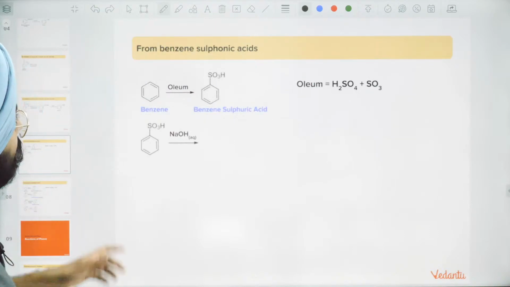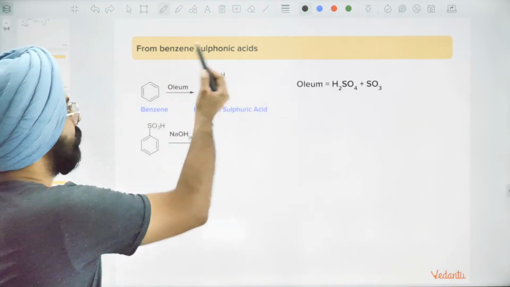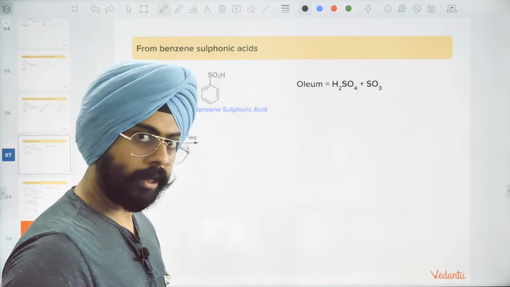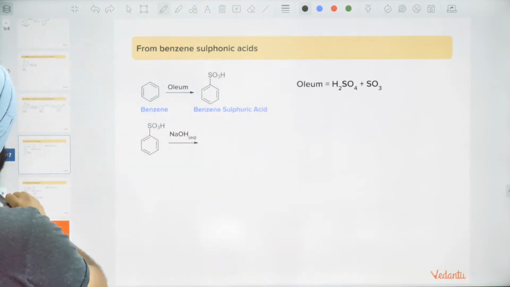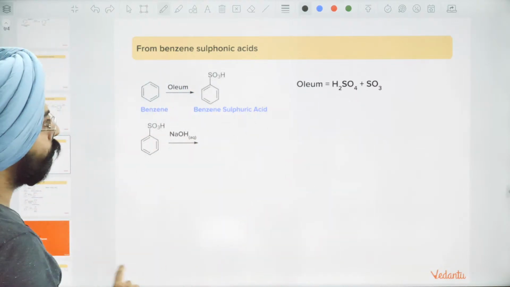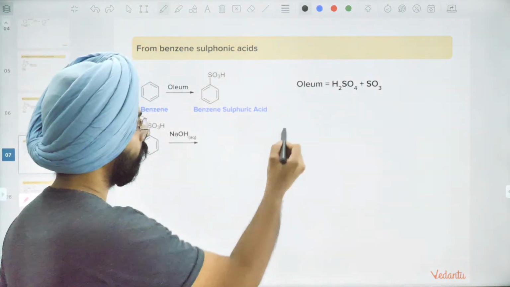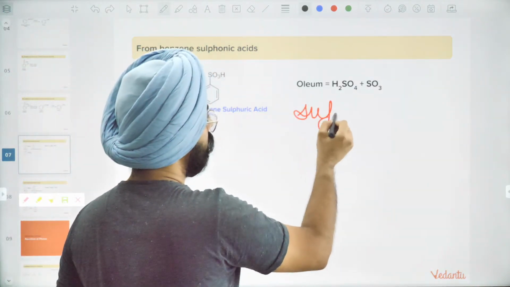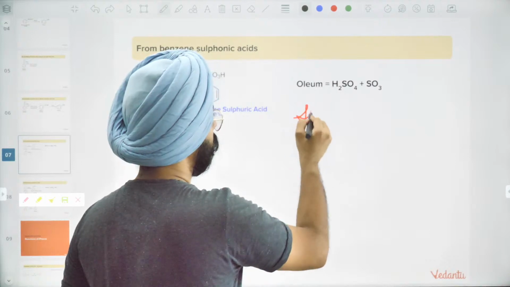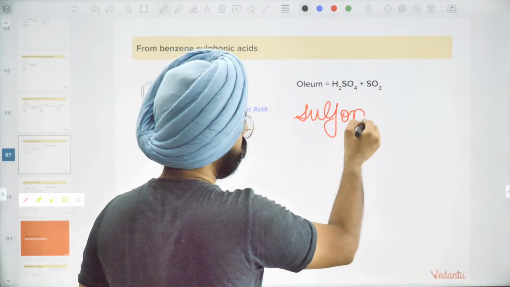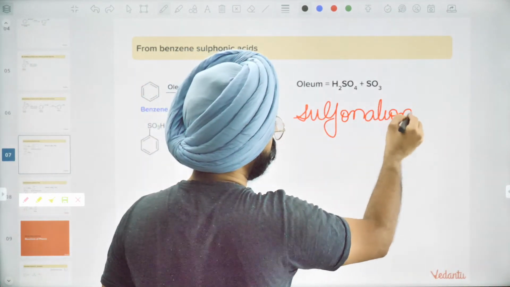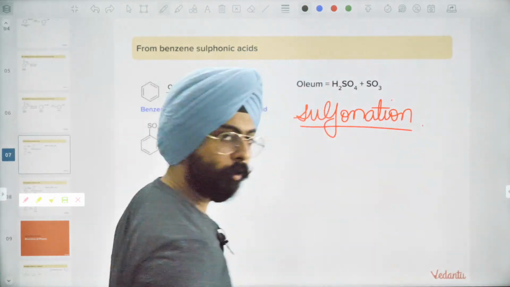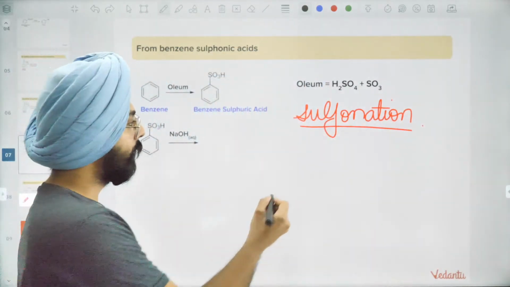Now my dear friends, the next way is by starting from benzene sulfonic acids. Okay, so do you remember this preparation of sulfonic acid? Do you remember the process of sulfonation? I am pretty sure you remember it. Electrophilic aromatic substitution.